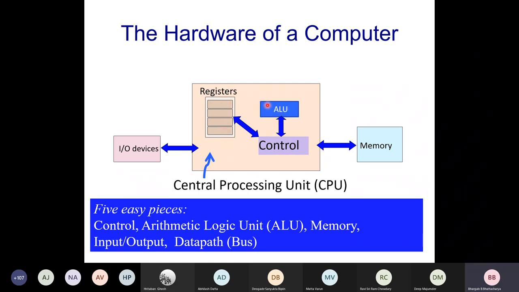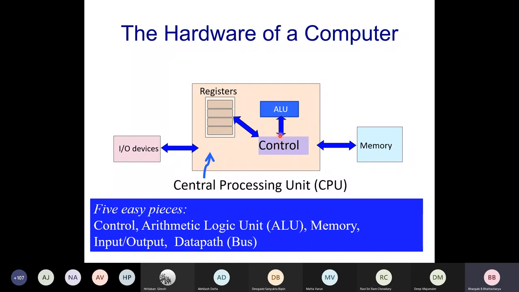You need an arithmetic logic unit to perform arithmetic, because all computation finally reduces to arithmetic operations. Isn't so? Addition, subtraction, multiplication, division, nothing else.